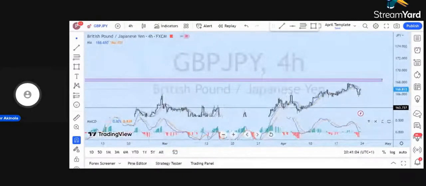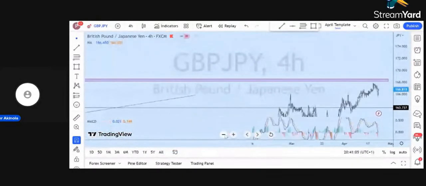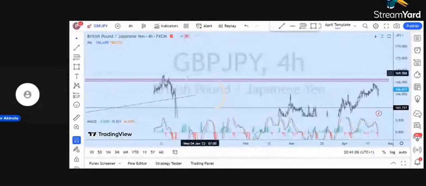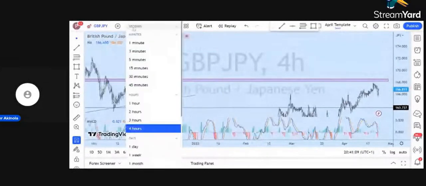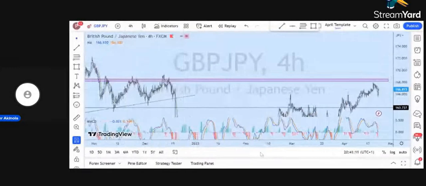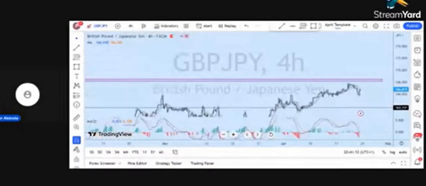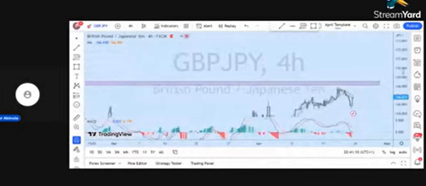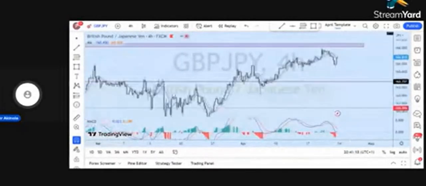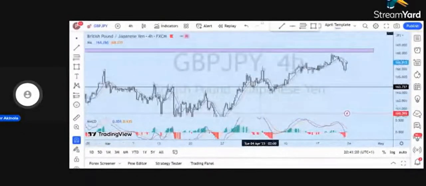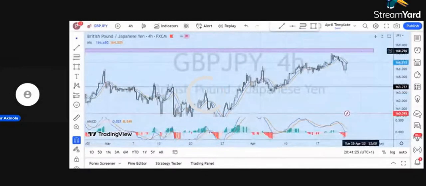So the same thing applies. Let me not waste our time unnecessarily. We watch out for a double top, which is always one of the easiest patterns to trade, or we watch out for a break of 168.52 and a retest of it.